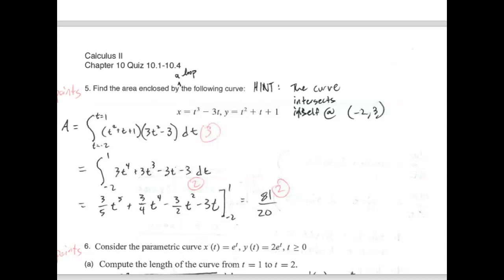Yeah, this one's actually t squared plus t plus 1 equals 3. T squared plus t minus 2 equals 0. Oh, I know. T plus 2 times t minus 1, right? T equals negative 2 and 1.